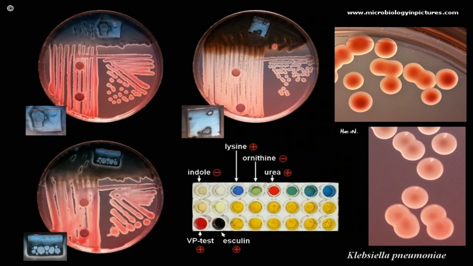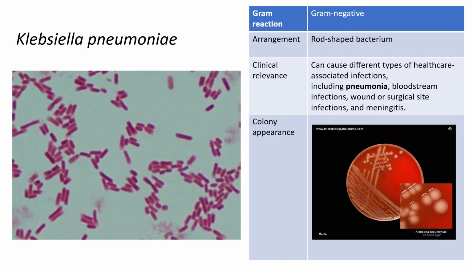Okay, here we have Klebsiella pneumoniae, and of course Klebsiella pneumoniae from the word pneumonia, it can cause pneumonia associated with different kinds of infection. Of course, you have blood infection, wound, surgical site infection, and if it goes to your brain, it can also cause meningitis.